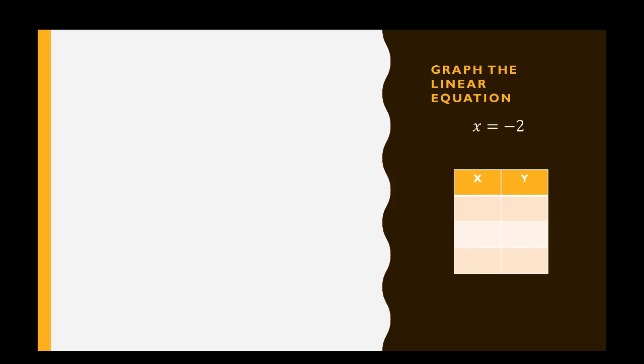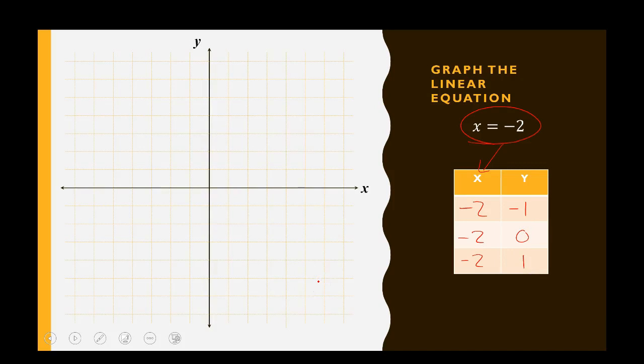Okay. Your second is x equals -2. So now I have x equals a number. So that means I have to put -2's in for my x because I don't have a choice. That's exactly what that says. And I could pick anything I wanted to for my y's. And when I go to do that, -2, -1 is here, -2, 0, -2, 1.